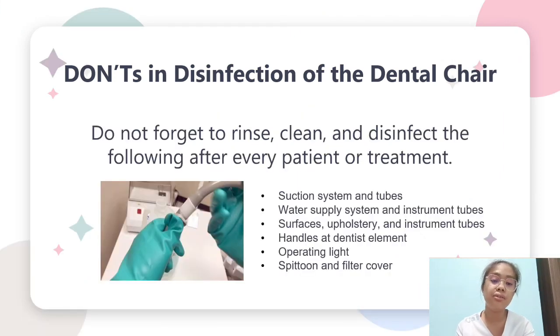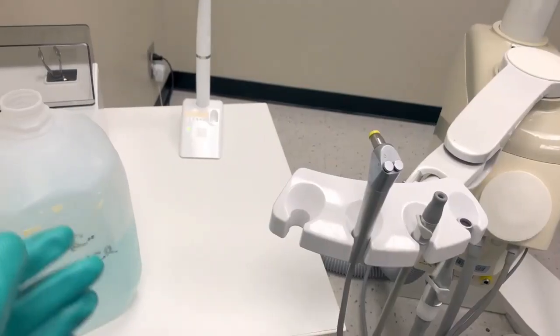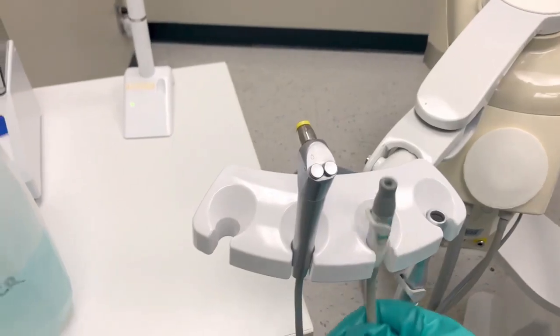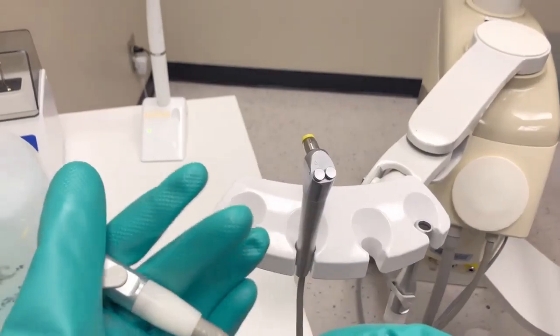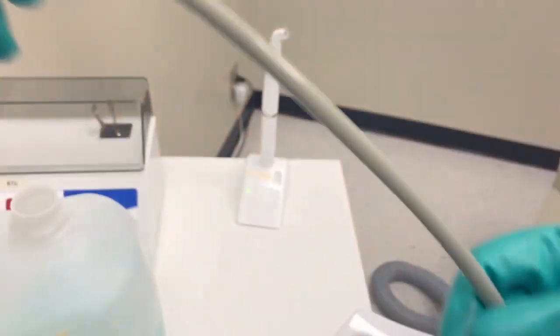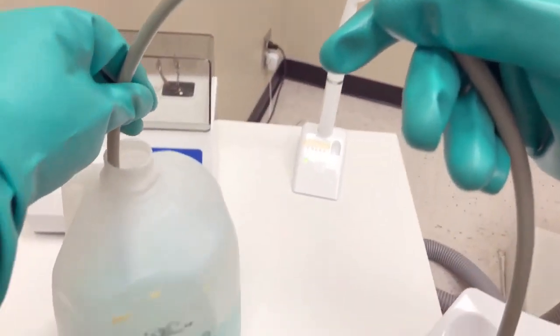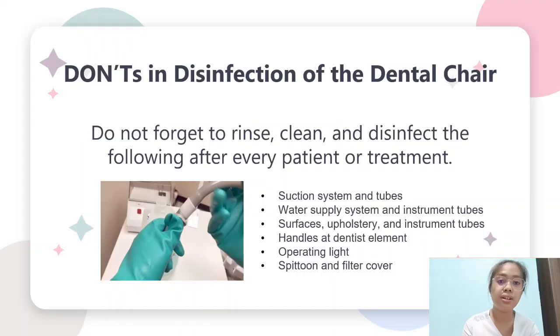The third is do not forget to rinse, clean, and disinfect the suction system and tubes, water supply system, and instrument tubes, surfaces, upholstery, and instrument tubes, handles at dentist element, operating light and spittoon, and filter cover after every patient or treatment to prevent the spread of infection or bacteria to the next patient and the dentist.